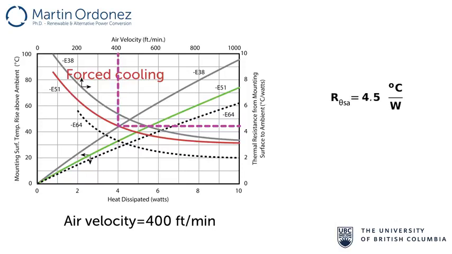We can observe that it is around 4.5 degrees Celsius per watt. Make sure that you use the right curve and axis for forced cooling. Again, don't forget to apply a safety factor. By applying 30% as safety factor, we get to 5.85 degrees Celsius per watt, which is much lower than the previous case with natural cooling system.